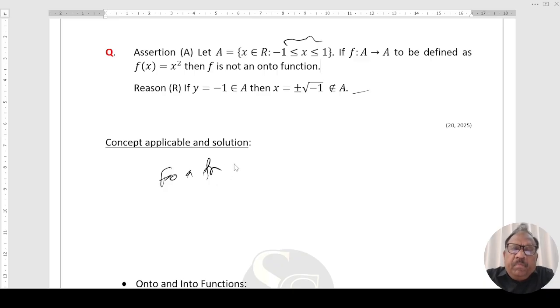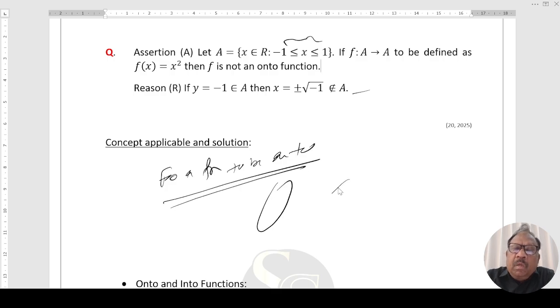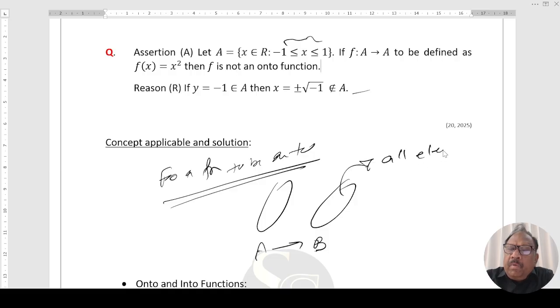For a function to be onto, from A to B, all elements of B should be occupied.